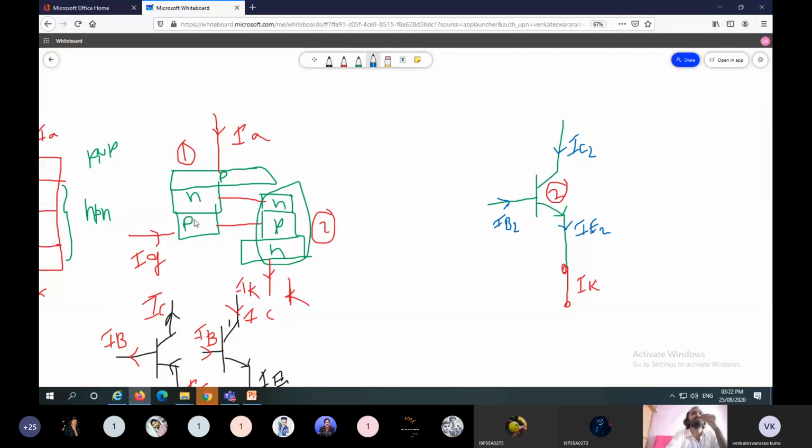For the first transistor, the N layer acts as base and the P layer acts as emitter because of the direction of current from this terminal to the next. This current flows through this terminal and this terminal. So this one is emitter, this one is base and this one is collector.